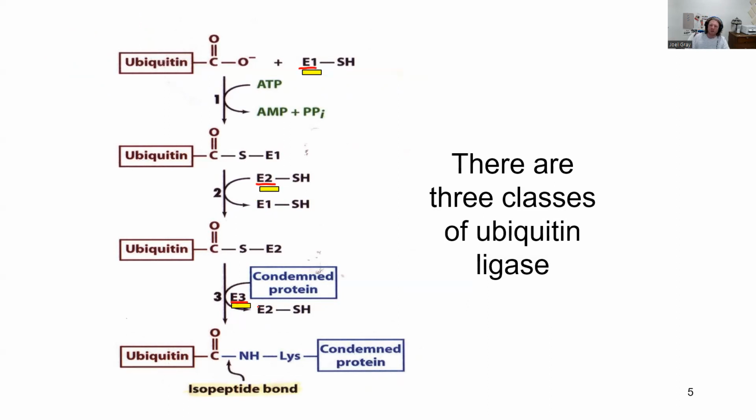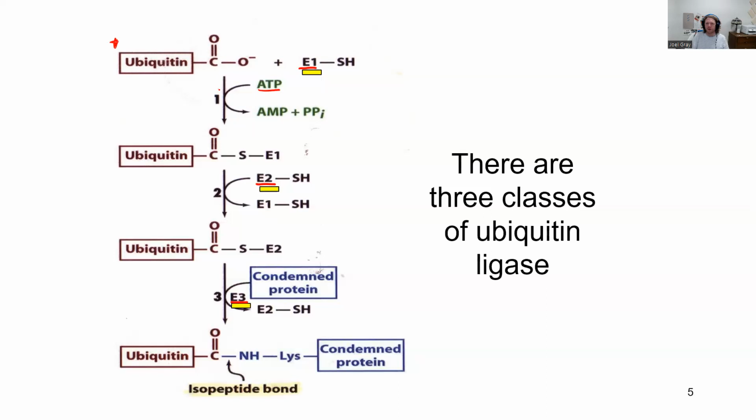Now, what E1 is going to do is basically take this ubiquitin subunit and more or less prime it, ready to be added onto the protein that we want to degrade. And it's going to do this in an ATP-dependent fashion. It's going to take the hydrolysis of ATP to AMP and more or less bind this ubiquitin subunit to itself.